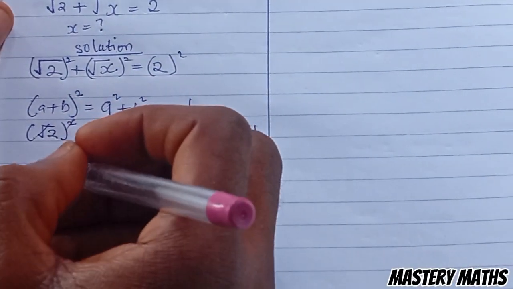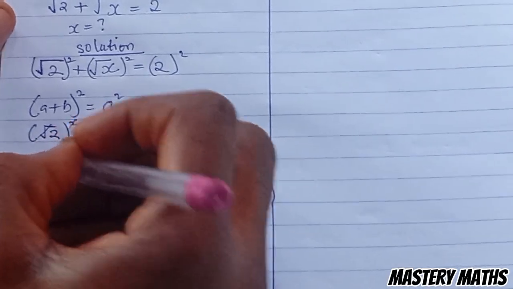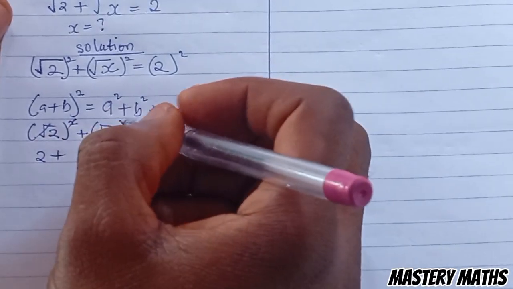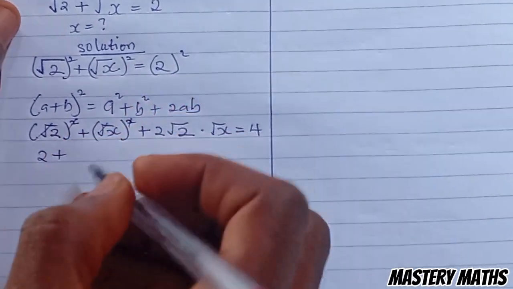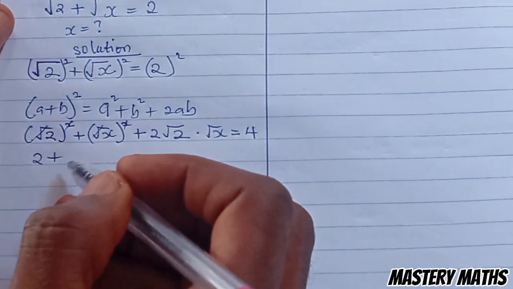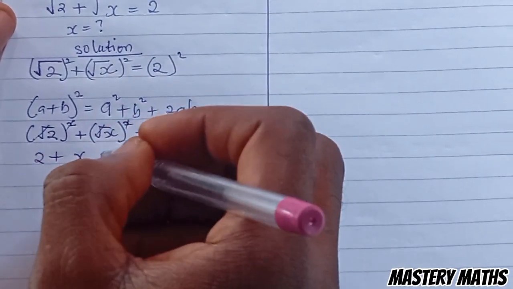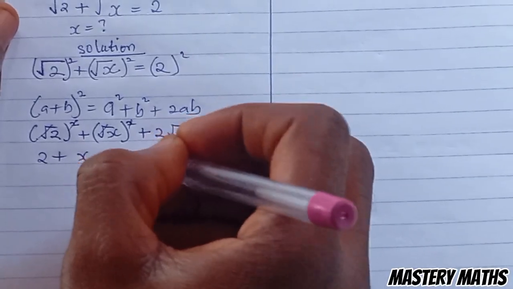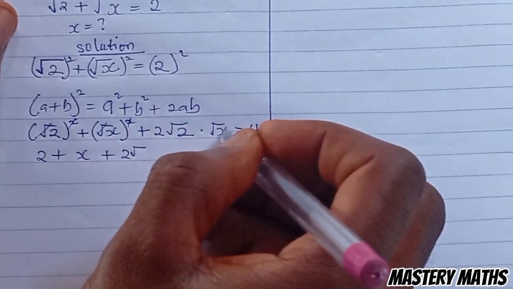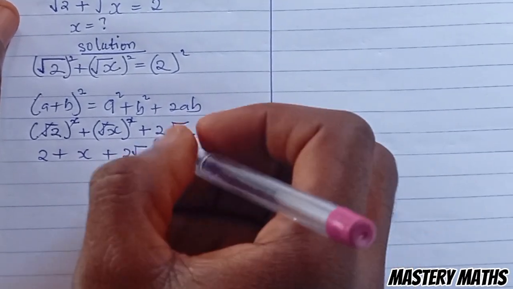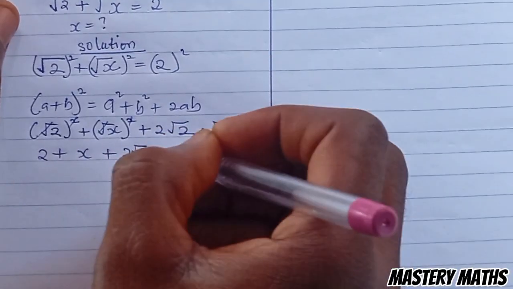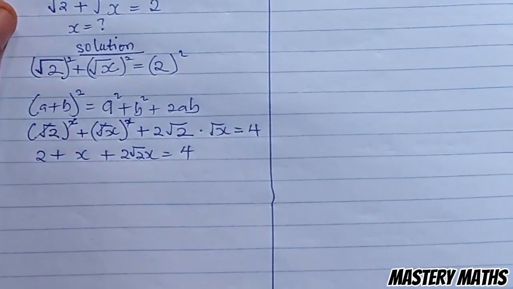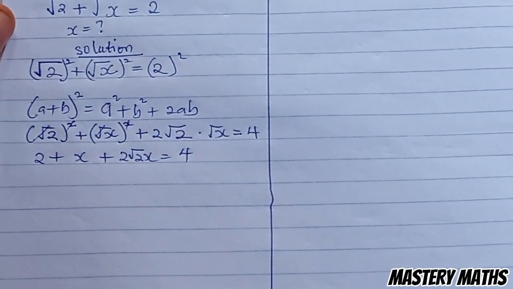So what is remaining there? You have your 2 plus, now this square will cancel the root. What do you have here? You have plus x. Now you have your plus 2 root 2 times root x, which will give us 2 root 2x, then equal to 4. We have your 4 here.